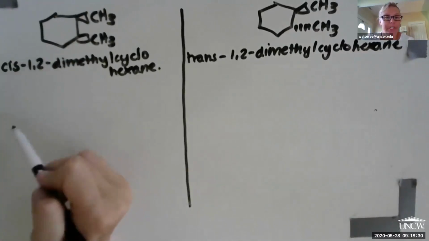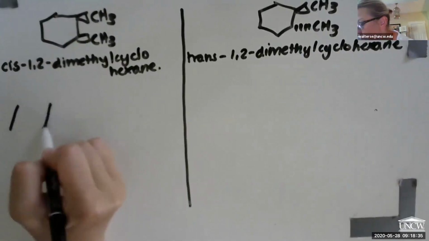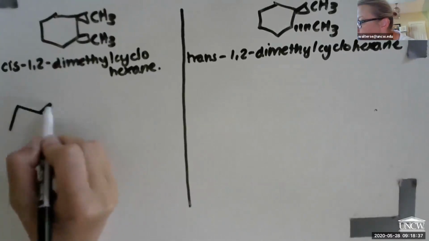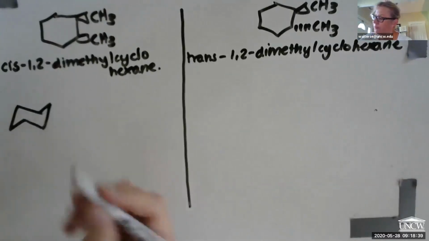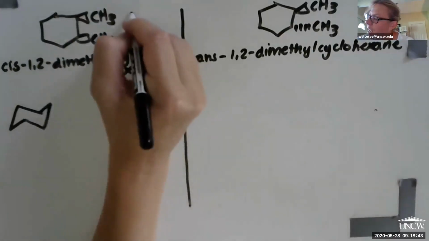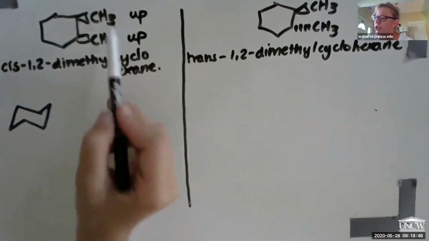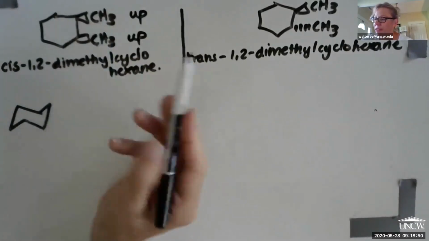Now what I have to do is draw the first ring, whichever one I like the best. Wedges, I'm going to draw as up. So I have to draw on carbons 1 and 2, methyl up and methyl up.